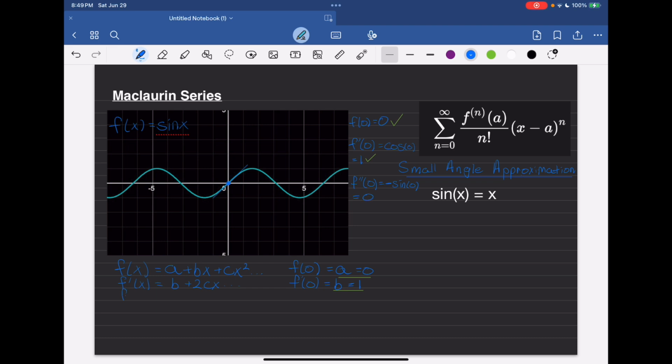So looking at our second derivative of our polynomial, it will simply become 2c plus 6dx, and it will just go on to infinity. But all of these terms after 2c are simply 0 when we plug in x equals 0.